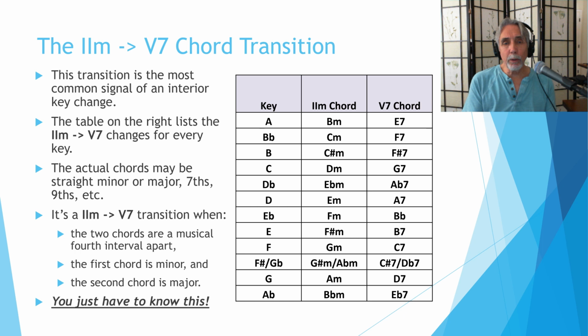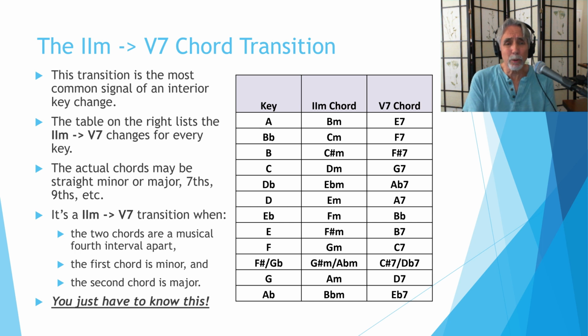The type of clue that you're changing keys that tells you exactly what key to go into is the 2 minor 5/7 chord transition. It's the most common clue in composition for a key change, especially in jazz. Now the table on the right tells you every one of these. So if I'm playing in C and I see on the score D minor and G7, well, that's a 2 minor 5/7 transition, but it's the same key that I'm in.